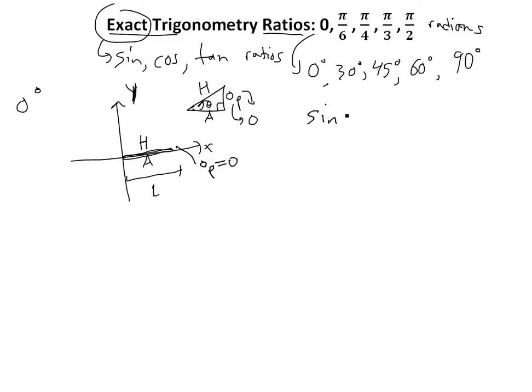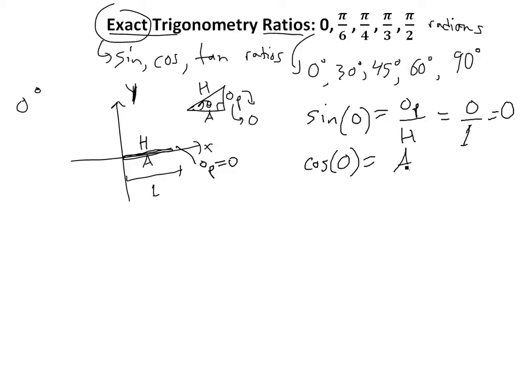Sine 0 is just opposite over hypotenuse, which is 0 over 1, and this is just 0. Then cosine 0 is adjacent over hypotenuse, which is the definition, and this will just equal 1 over 1, which is equal to 1.